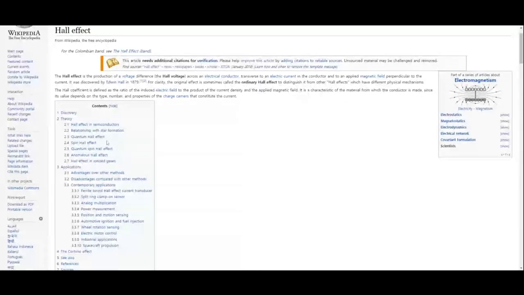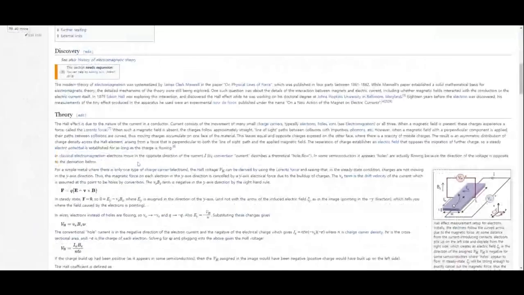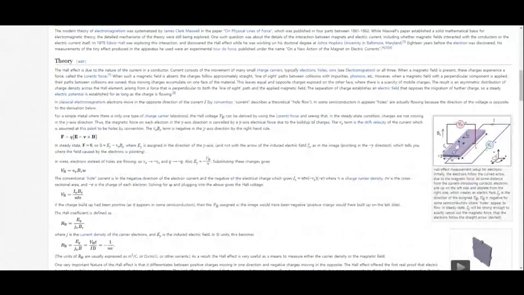Yeah, this is the Wikipedia page on the Hall effect, and there are many applications. And as I already said, there are the quantum Hall effect, spin Hall effect, quantum spin Hall effect, and many things. And yeah, this is the cartoon I showed you in my lecture note.